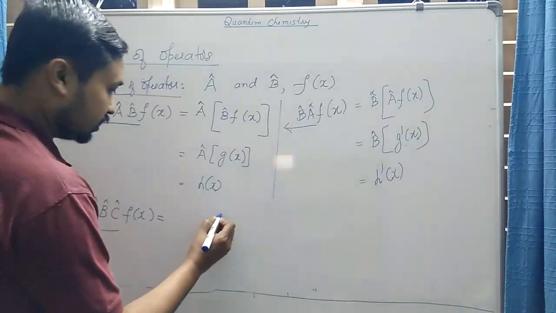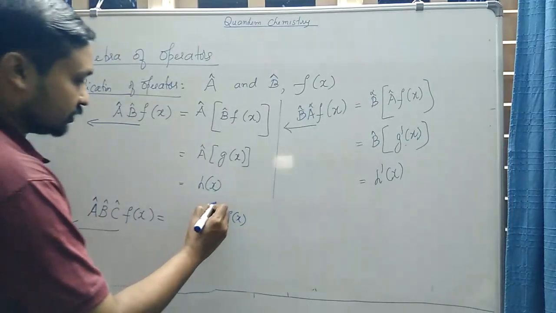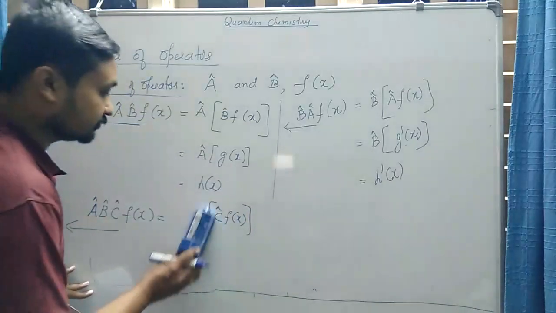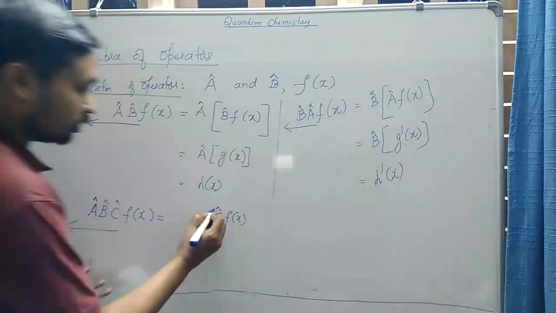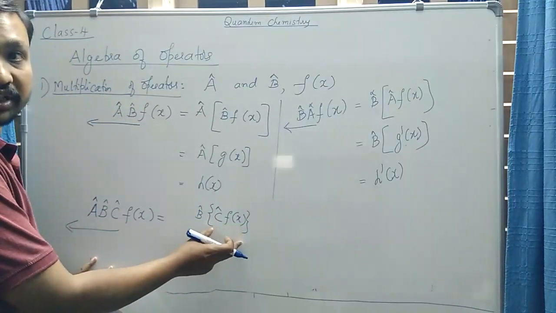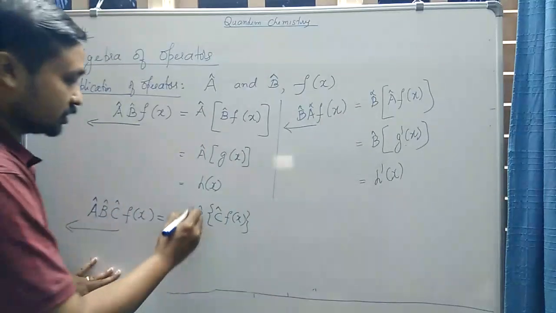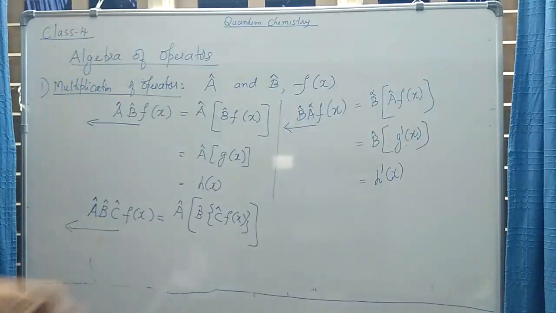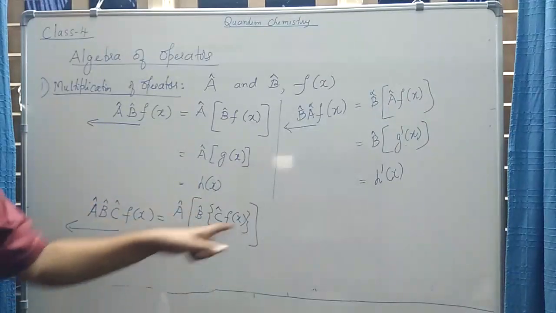So what are we applying? First we are applying operator C on the function, and then we are applying on this the second operator B. Whatever result you get on that, you get one more result on which you are finally applying operator A. So A into B into C of f of x is A of B of C of f of x.